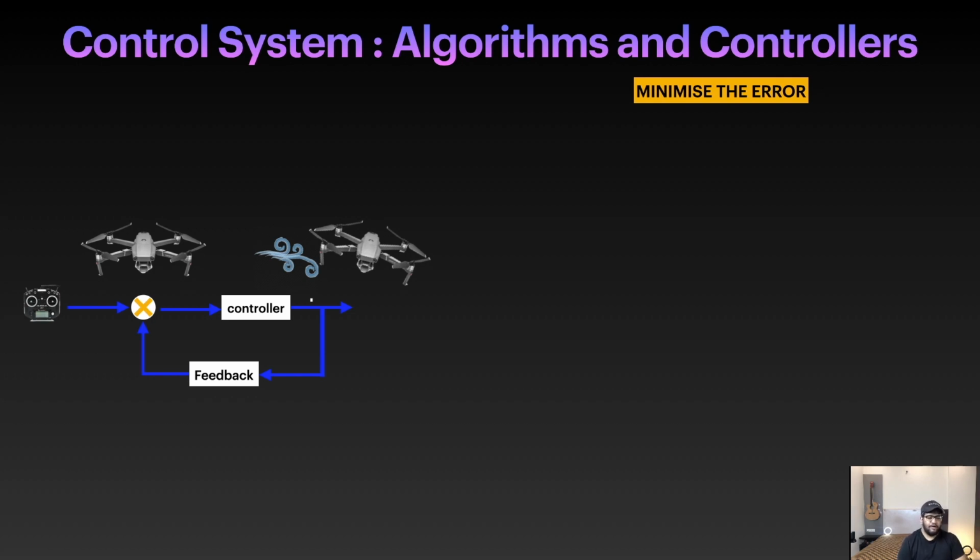There are a lot of different control system algorithms that you can use when it comes to having a closed loop feedback system with the motive to minimize the error. One of these is, let's say, fuzzy logic. Fuzzy logic is also a type of control system. All these are algorithms which you implement in your firmware using programming and mathematical equations.